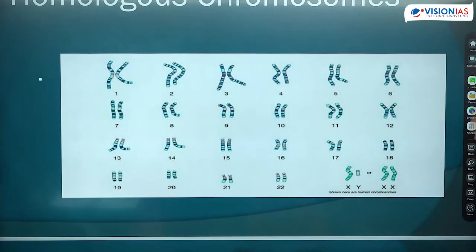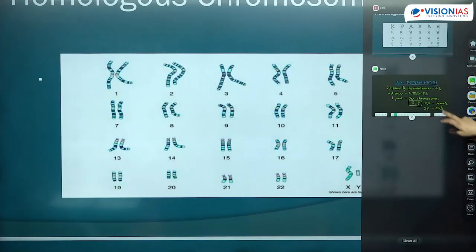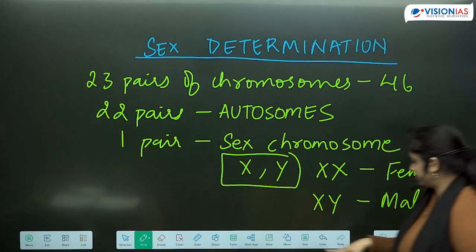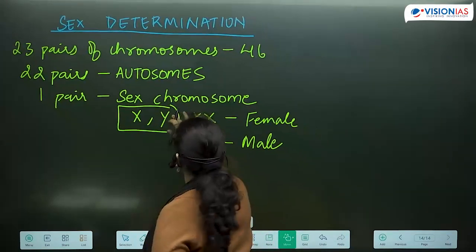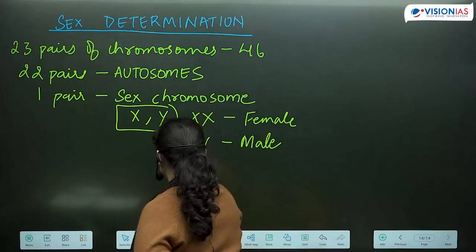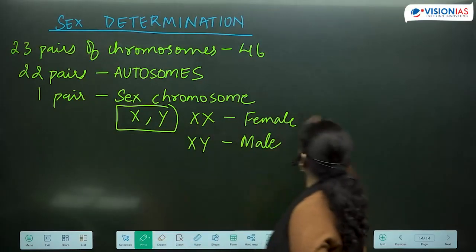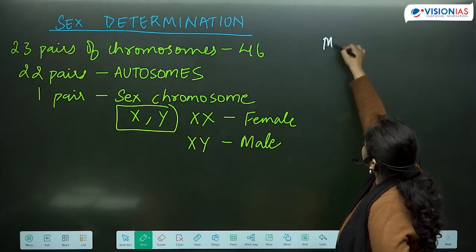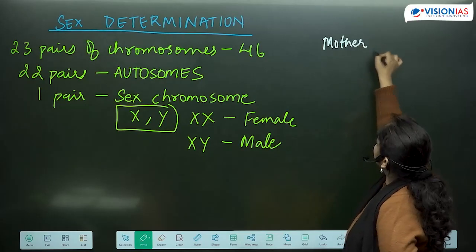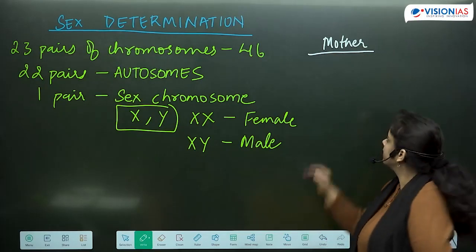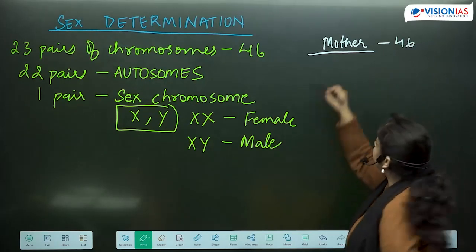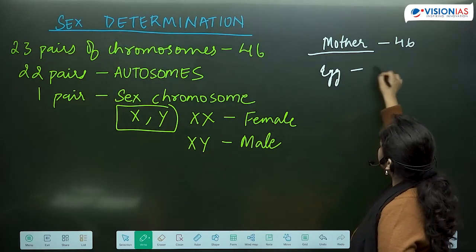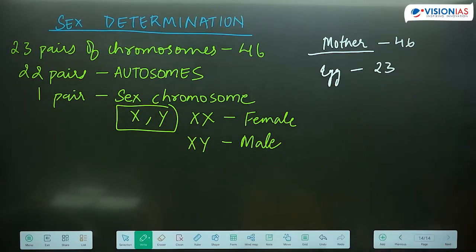If I have to write this down, how am I going to put this? So for the mother or for the female, she has total 46 chromosomes, but when she will form the egg, she will only give 23 chromosomes.